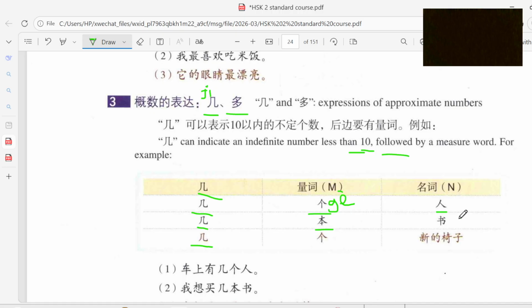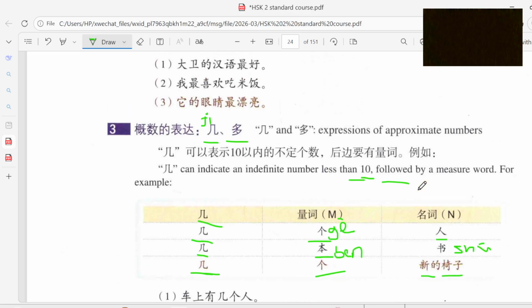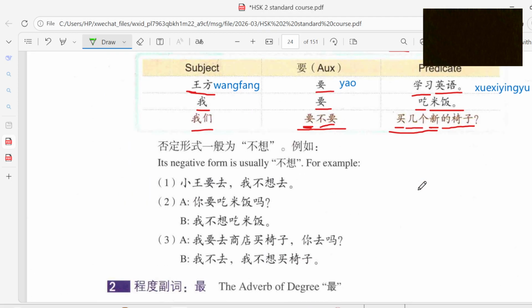This is shu. It's a noun, it means book. For books, we use the measure word ben. So for shu, you'll say ji ben shu, because they are less than 10. Here, ji, jige. 新的椅子, new chairs.